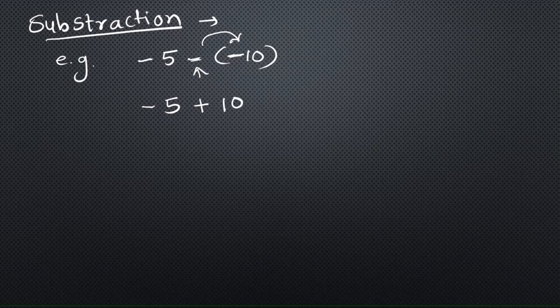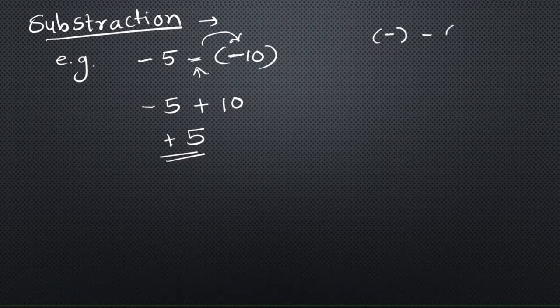The difference between 5 and 10 is 5, and give the sign of the bigger number, that is plus. You have to remember, while subtracting, if the first number has a minus sign and the second number also has a minus sign, then because of this minus sign, the sign of this number changes from minus to positive.